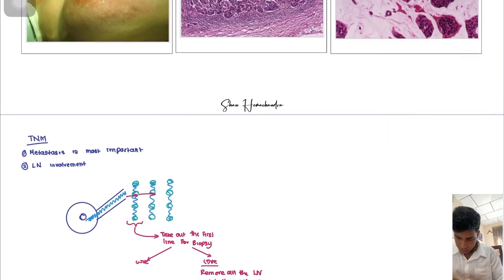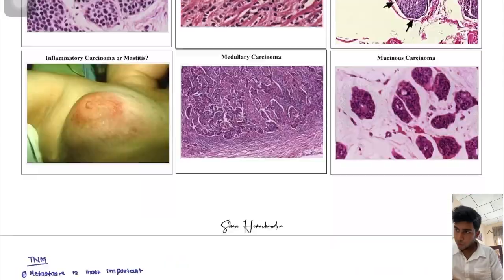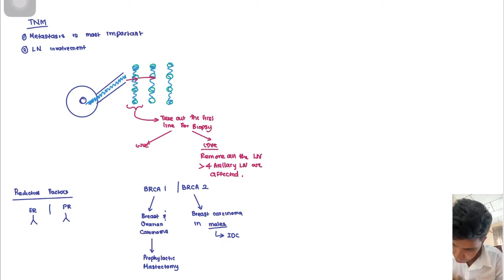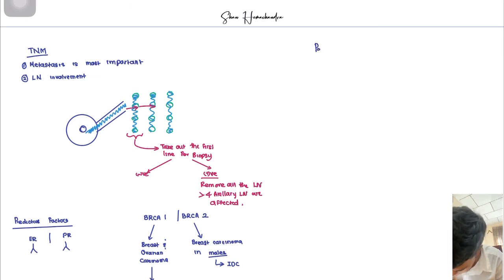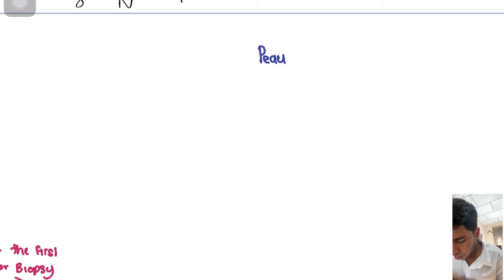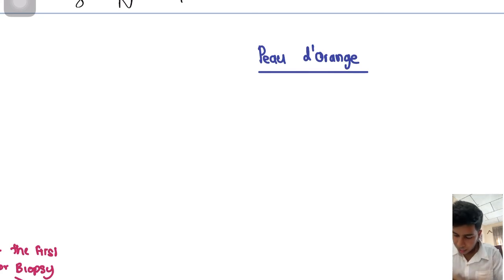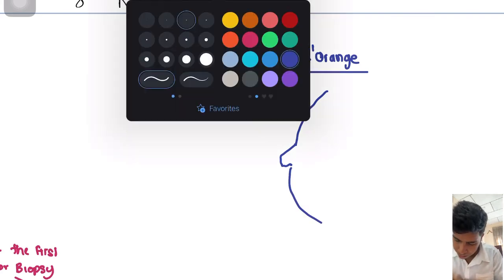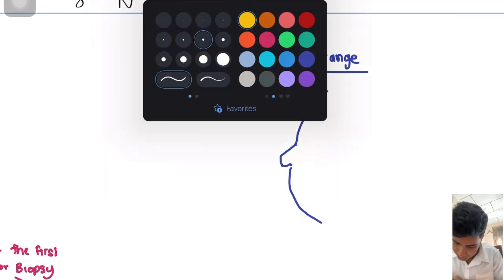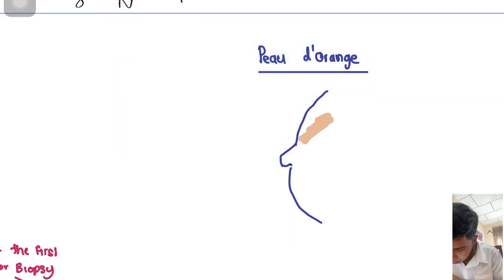Okay, now that's it for breast cancers. I need you to know one more word. This is called peau d'orange. I cannot pronounce this one. Okay, this is a type of situation in which there is going to be edema, and the breasts will look orange in color.